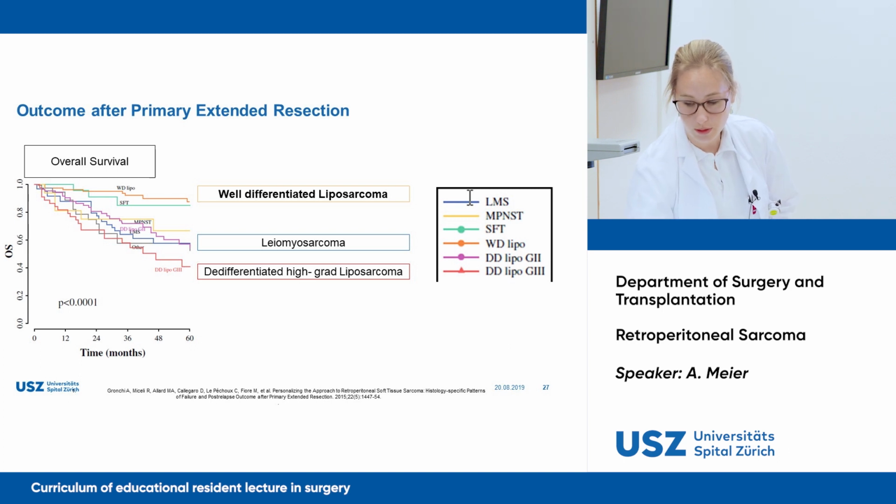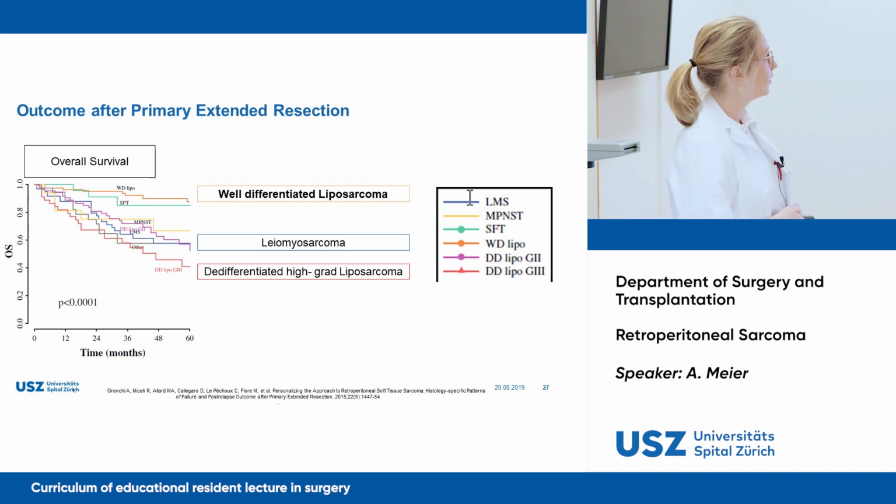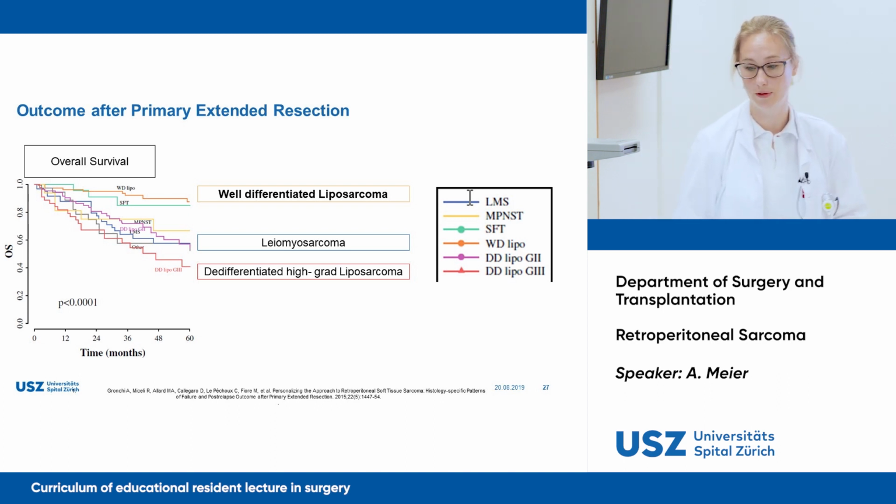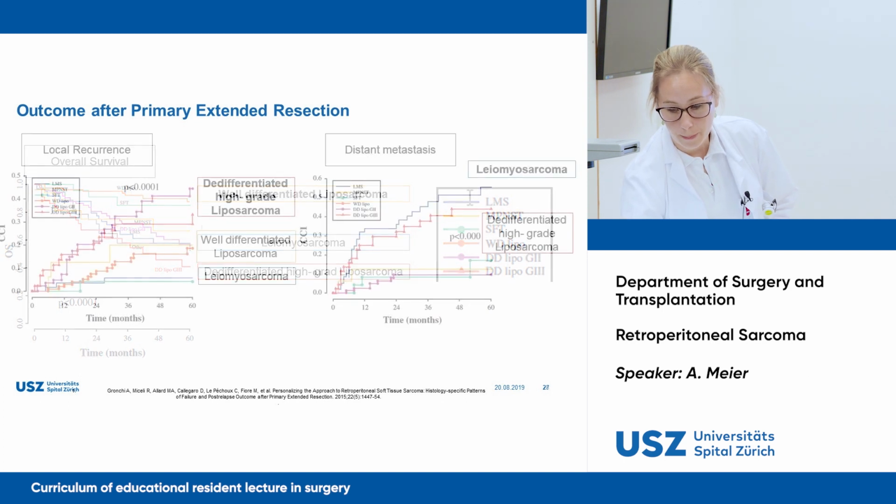I just want to focus on the ones we had before. There is a more or less good overall survival for the well-differentiated liposarcoma. There is the leiomyosarcoma, about 60%. And there is the dedifferentiated high-grade liposarcoma. So you see that there is a difference between the histological types in the overall survival.